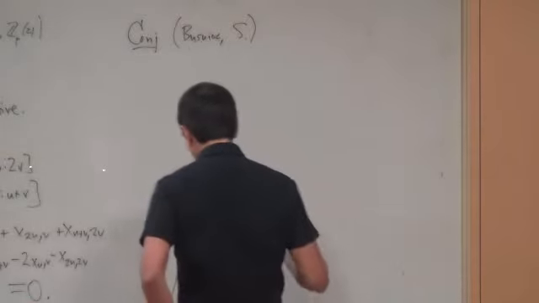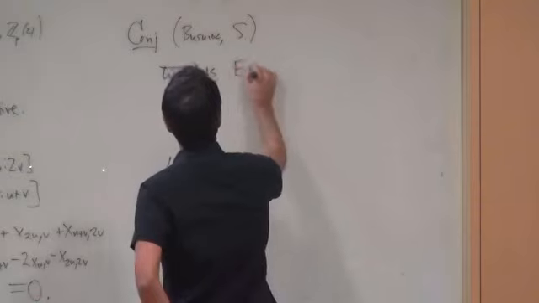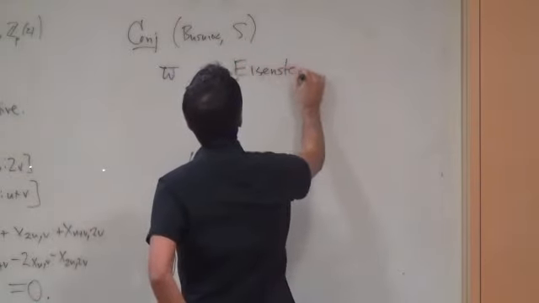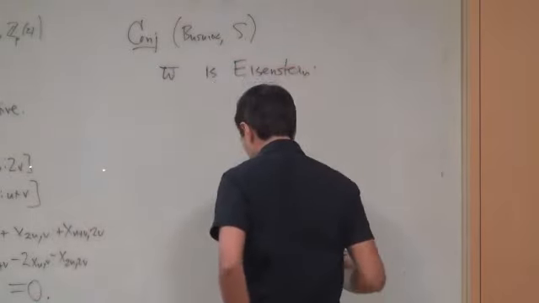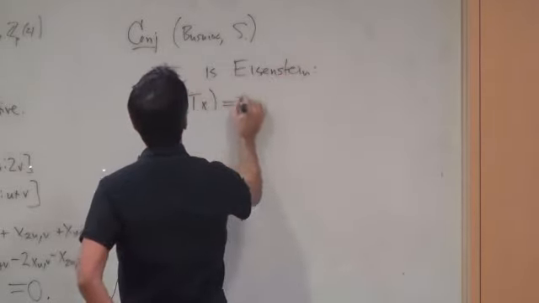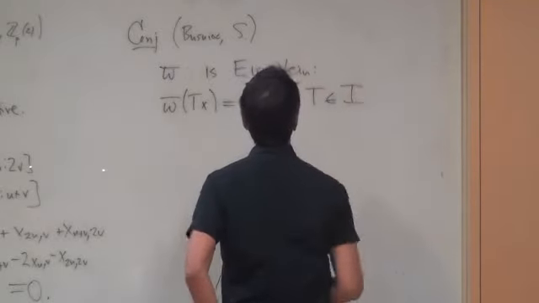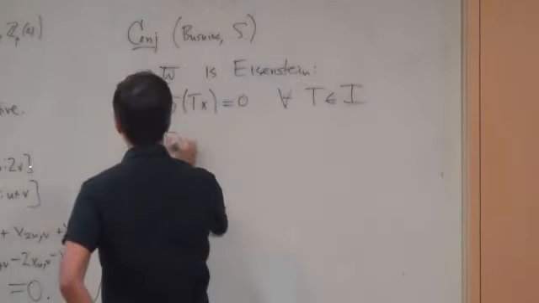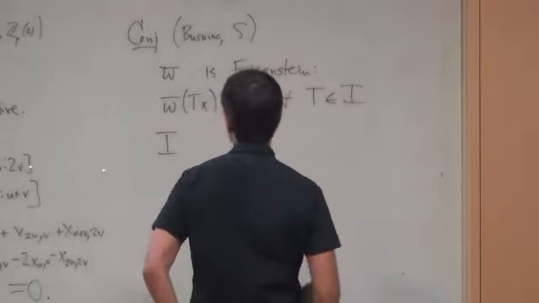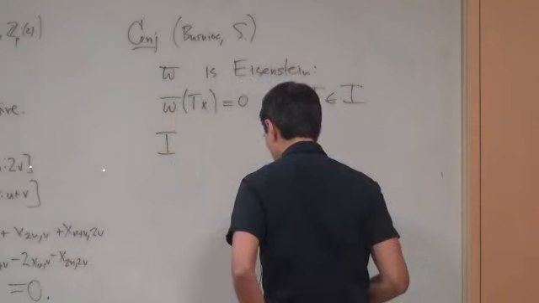But nevertheless, we conjectured that π is Eisenstein, which is to say that π(Tx) equals 0 for all T in some ideal I of the Hecke algebra. I didn't define any Hecke algebra, but you could take the formal Hecke algebra with Z_p coefficients if you like.